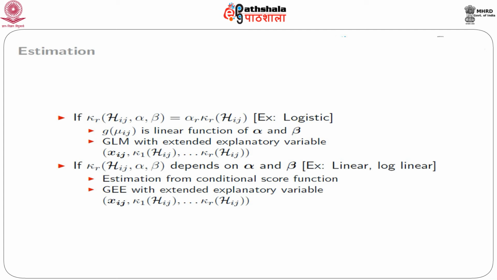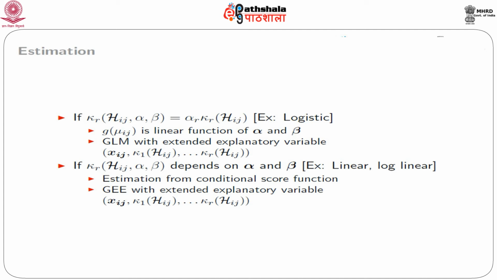Now, for a logistic model where g mu ij is a linear function of alpha and beta, we can straightforwardly use the GLM with the past responses as explanatory variables.